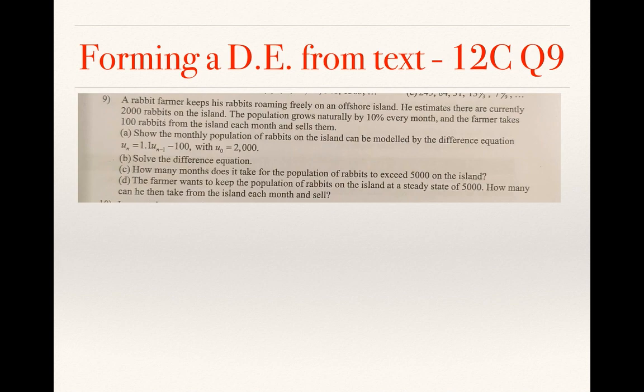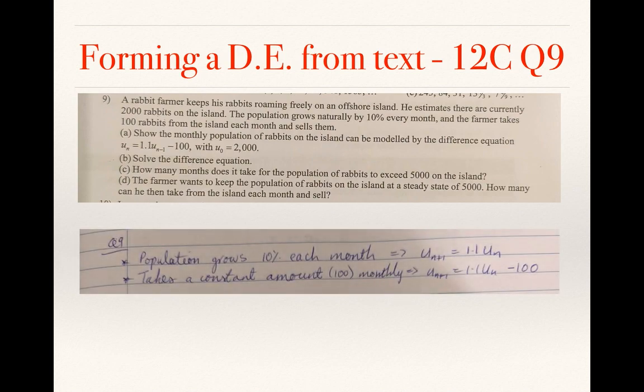So here's how I think about it. The population grows by 10% each month. 10% needs to be converted to decimal form, so that's 0.1. So what that means is the population of this month is going to be 110% of the last month, but in decimal form, 1.1 times the population of last month. He also said that the farmer is taking 100 rabbits from the island each month.